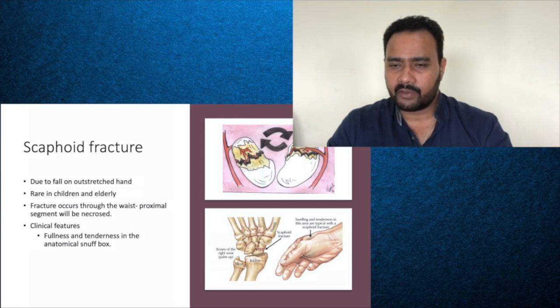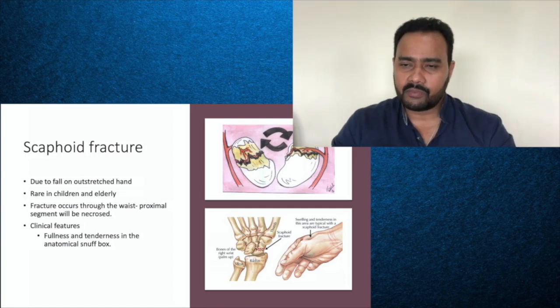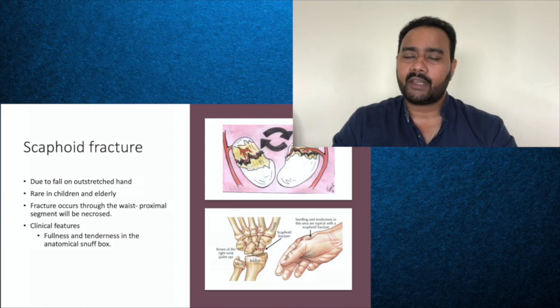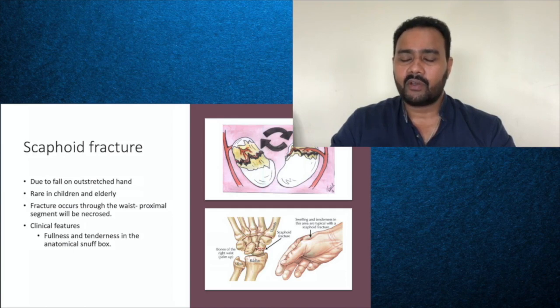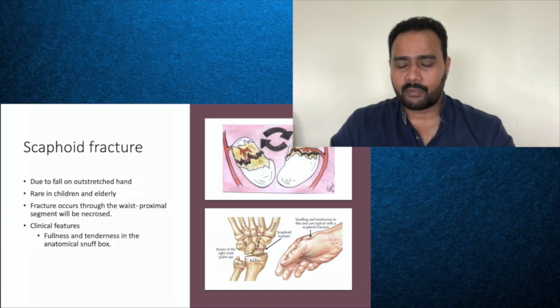So whenever you get a fracture in the waist, one of the common MCQ questions is: which part of the scaphoid bone goes into necrosis? The answer is the proximal part. The proximal part of the scaphoid will go into avascular necrosis. Usually we think that bones are supplied from proximal to distal, so whenever a problem occurs, the proximal part is spared and the distal part will suffer.